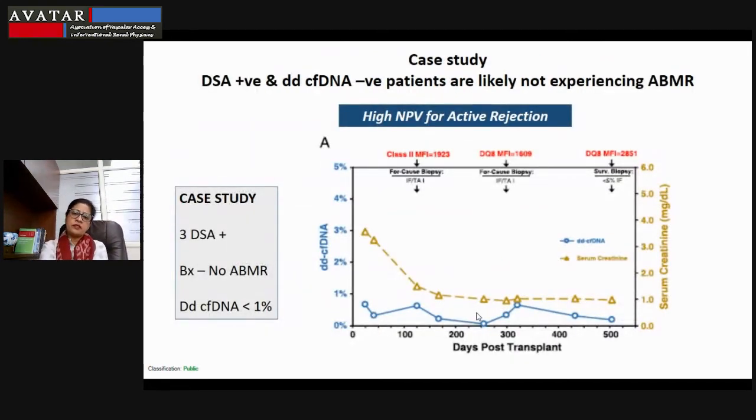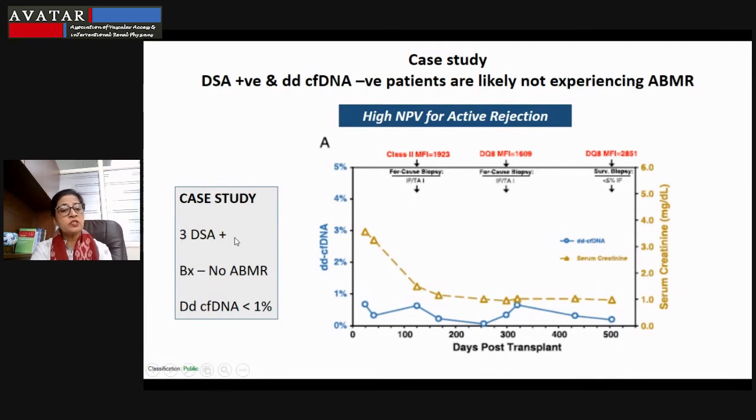To bring out the significance of donor-derived cell-free DNA in post-transplant monitoring, here is a case study which shows DSA positive at three time points, with MFI of 1900, 1600, and 2800. Donor-derived cell-free DNA was negative at all these time points. This patient would not be experiencing ABMR, and this highlights the high negative predictive value for active rejection.